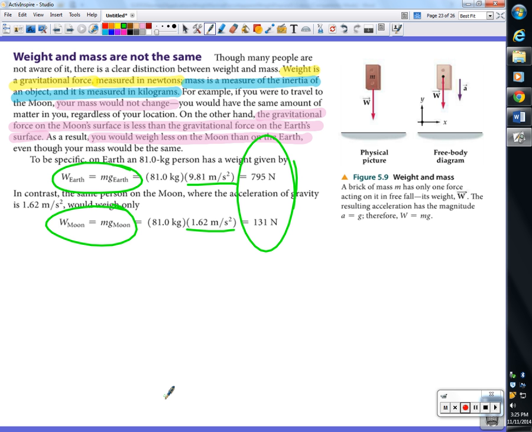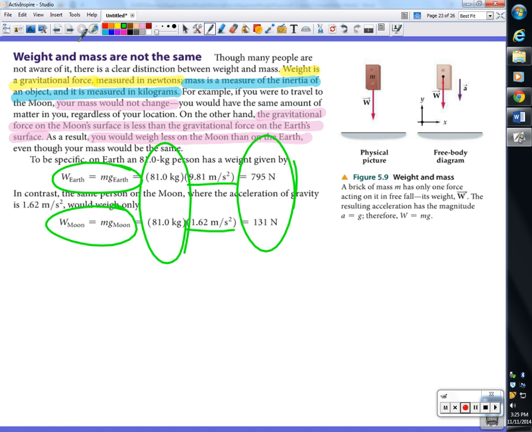Not because it's a different object, but because weight is a gravitational force and depends on the gravity at that location. Mass, however, does not change. The mass of this object is always 81 kilograms. Mass is a constant value. Weight depends on the situation.